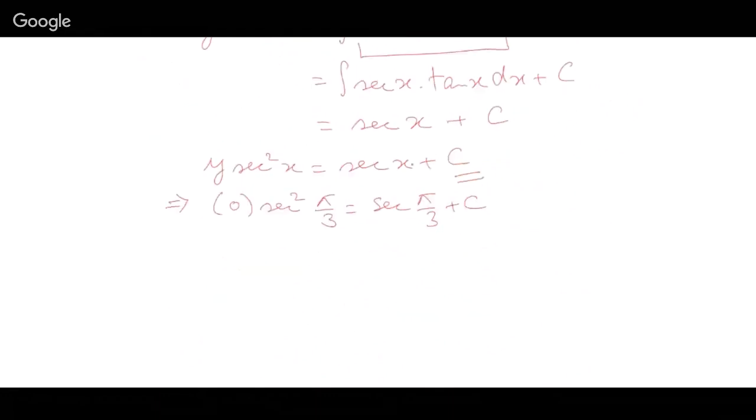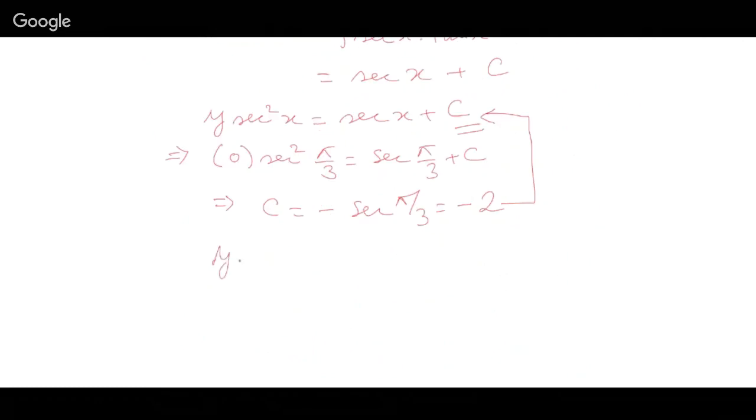Now solving this, we get c is equal to minus sec pi by 3, which is equal to minus 2. Now replacing this value of c in this general solution, we get y sec square x is equal to sec x minus 2. So this is our particular solution of this equation, and this will be our final answer.